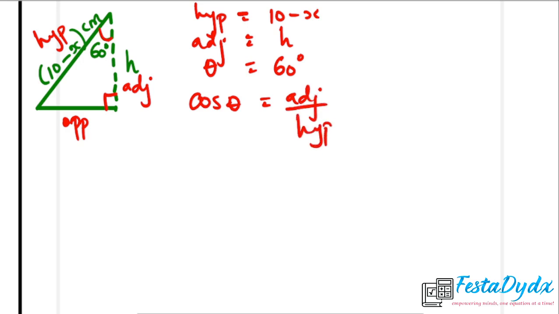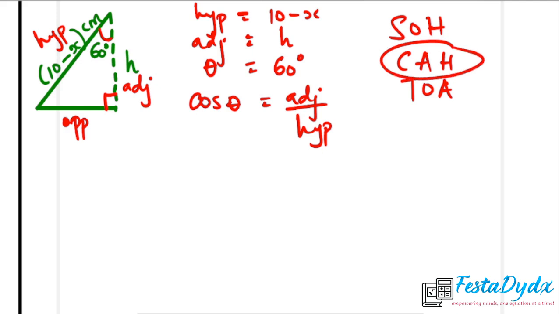That's if we're using the SOHCAHTOA. This is what we are applying because the angle is given, adjacent h is given, hypotenuse 10 minus x is given. So we're going to be using this formula to work.